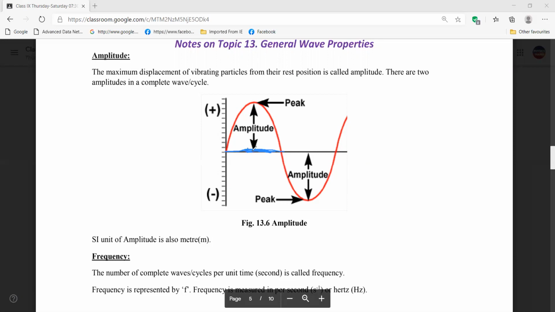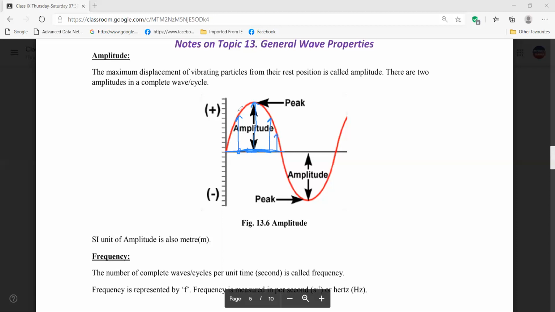For example, the particle here is vibrating this much, and that particle is vibrating this much. Here we have another water particle, vibrating this much. So this way we have lots of particle vibrations.